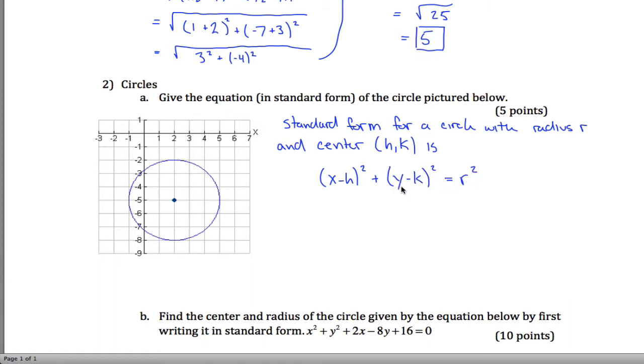This comes from our distance formula, specifically from squaring both sides of our distance formula, and then saying that the radius is the distance to any point on the circle from the center. So we can use this.